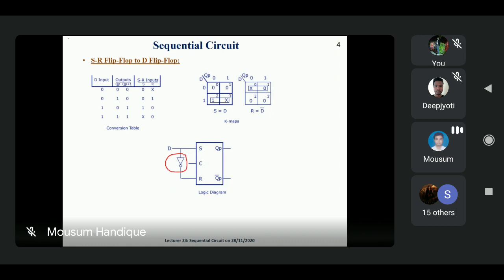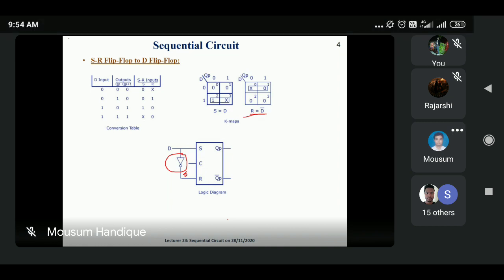Sorry, yes, NOT gate, and this is the structure of the combinational circuit, because R equal to D bar. Okay, so this is the normal D, and when we are fetching NOT gate, this one is no more D. This one behaves like a D bar. Okay. Okay. Yes sir.